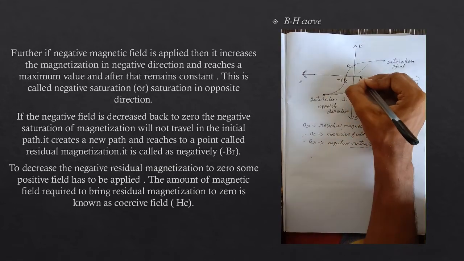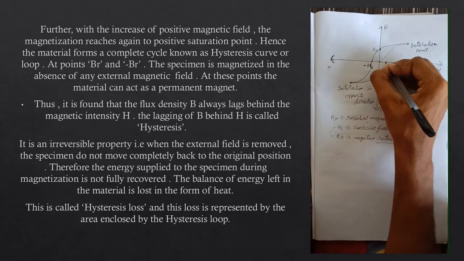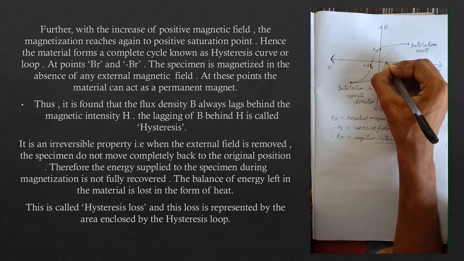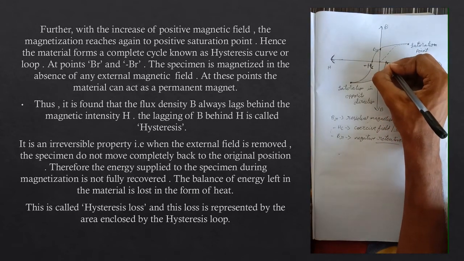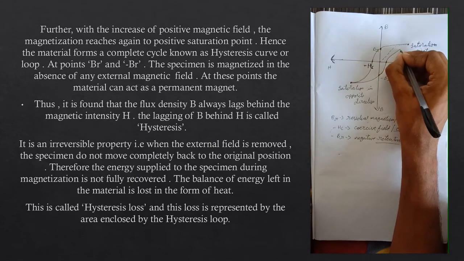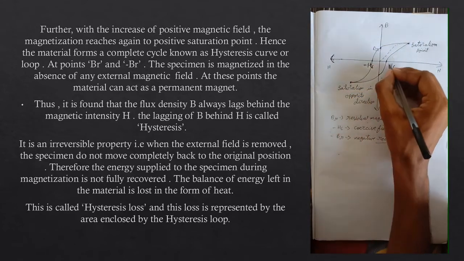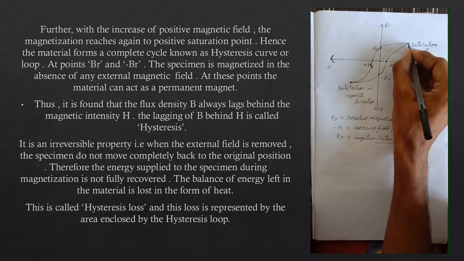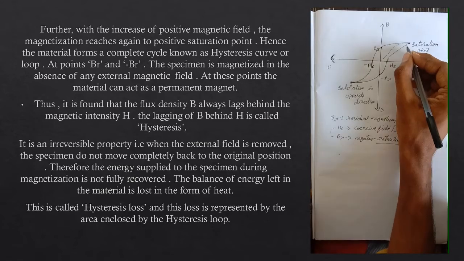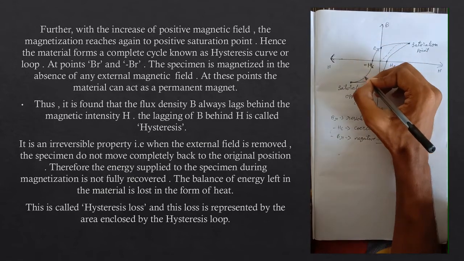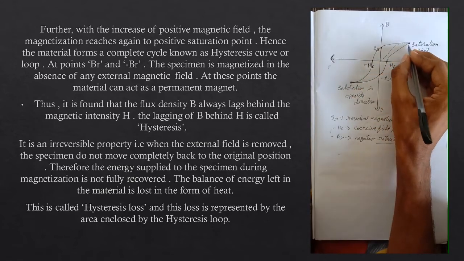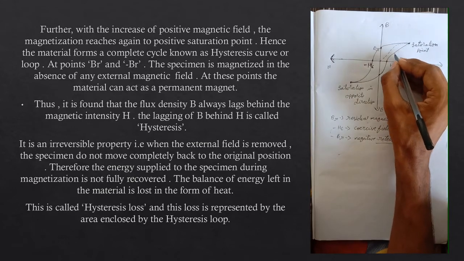When we further increase the positive magnetic field, it magnetizes and reaches the starting saturation point. Here this completes a cycle or a loop. This cycle or loop is called the hysteresis curve or hysteresis loop.